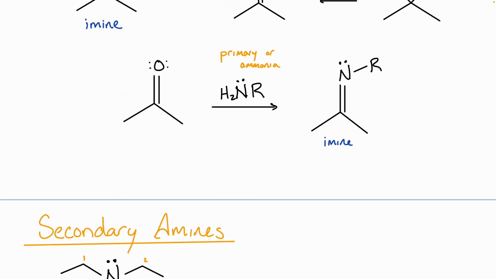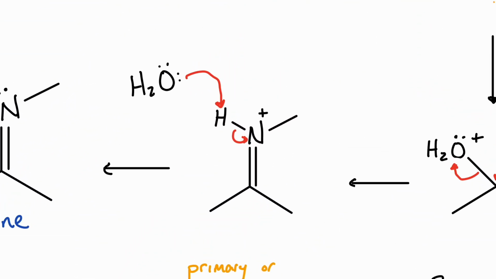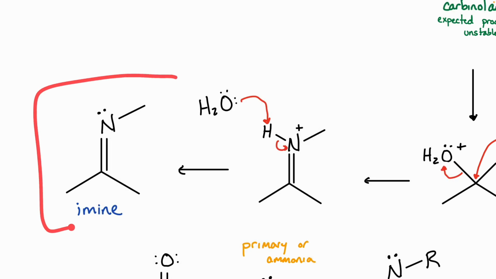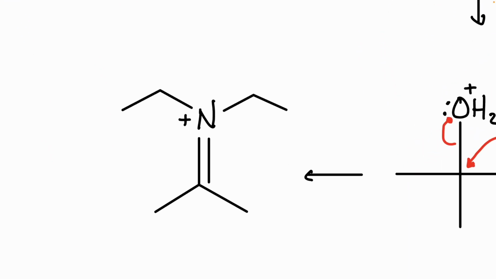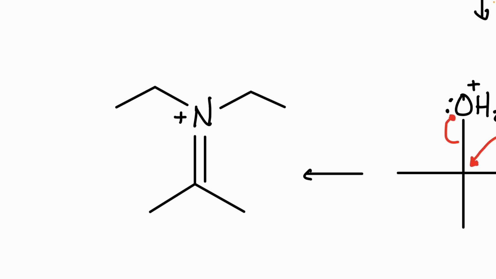We got to this same place last time. The difference was because it was a primary amine that we had started out with, it had this extra hydrogen that we could just pluck off to remove in order to create our neutral product here. Well, if we look here, we don't have any such hydrogen to remove because we started out with a secondary amine. All right, so how is this thing going to get nice and stable and neutral?